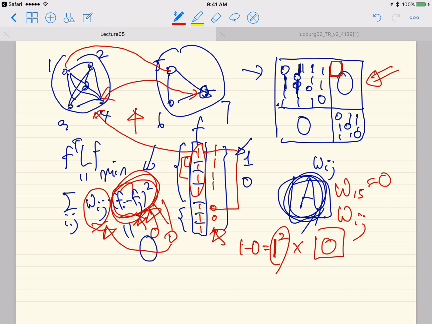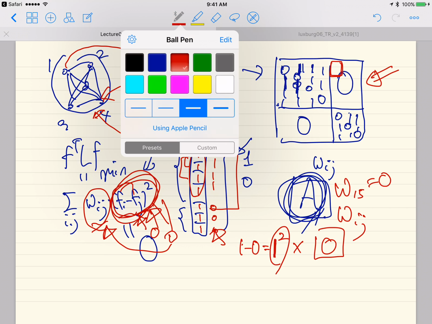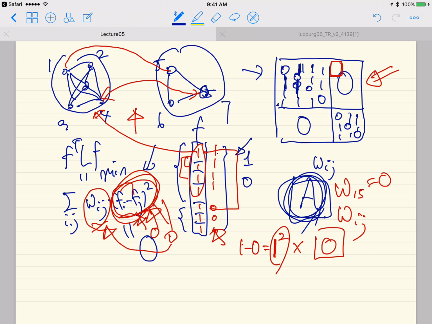The possible cases are 1, 1, 1, 1, 0, 0, 0 and the other case, 0, 0, 0, 0, 1, 1, 1. These two vectors still make this value 0.